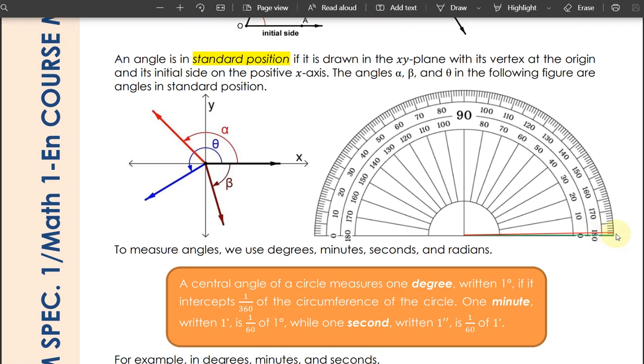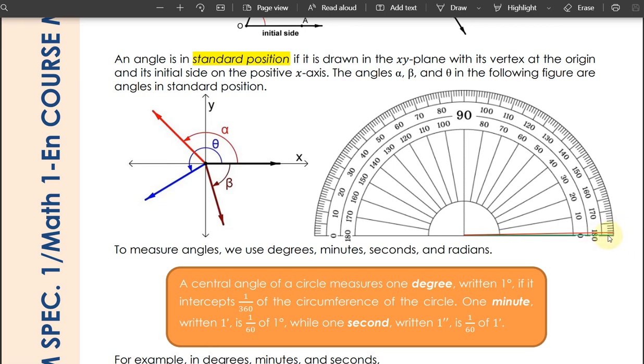Let's say this is a semicircle, meaning half of the circle. I am using a protractor as illustration. If you divide the circle into 360 parts, then 1 part is 1 degree.